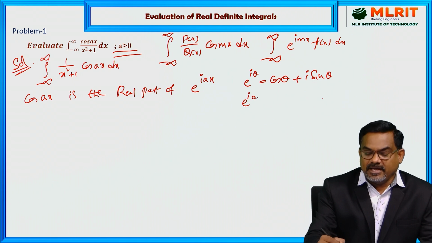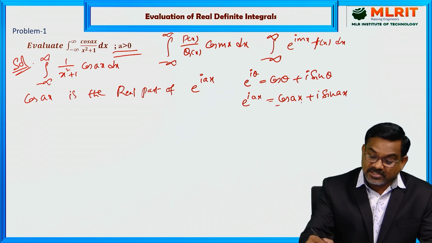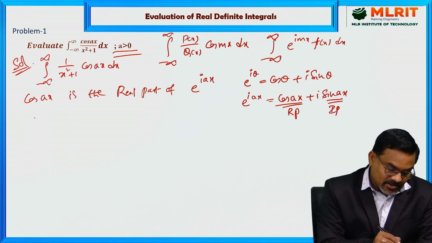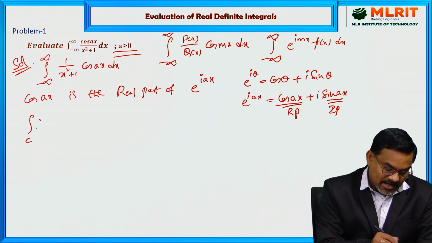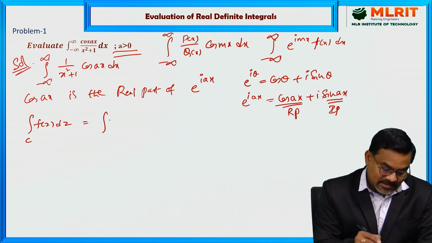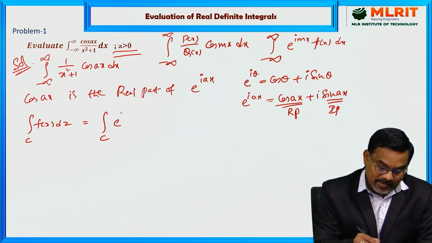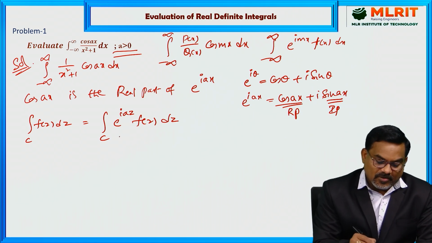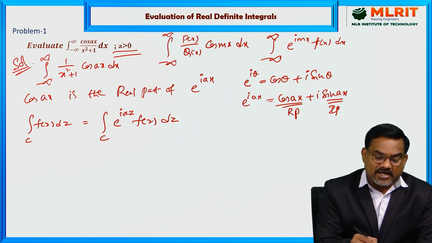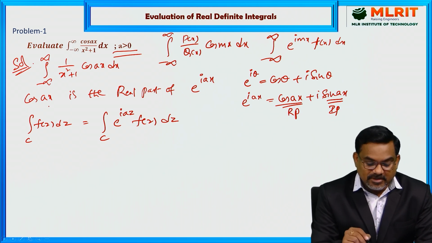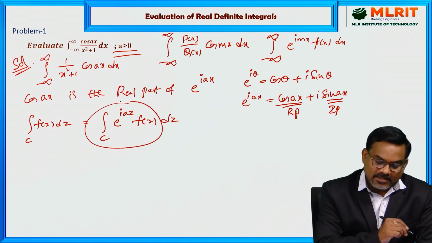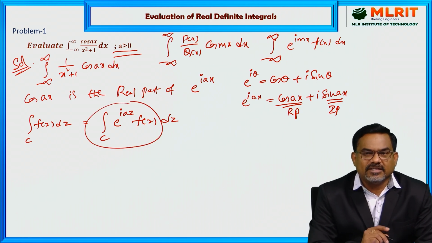So e power iax is cos ax plus i sin ax; cos ax is the real part and sin ax is the imaginary part. So I consider the line integral over C of f of z dz in the form of the line integral over C of e power iaz f of z dz. In the expansion of e power iaz, cos az is the real part. Therefore, by taking the integral of this form, we can evaluate the required one.